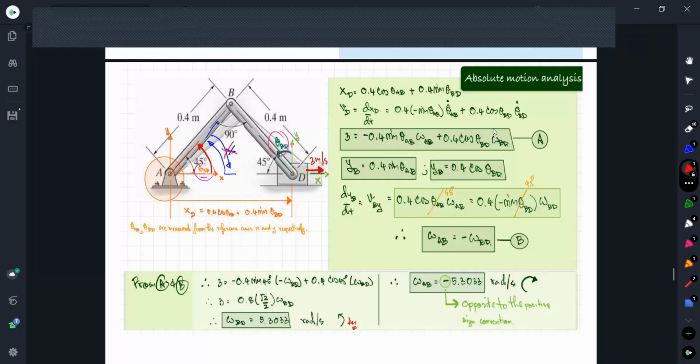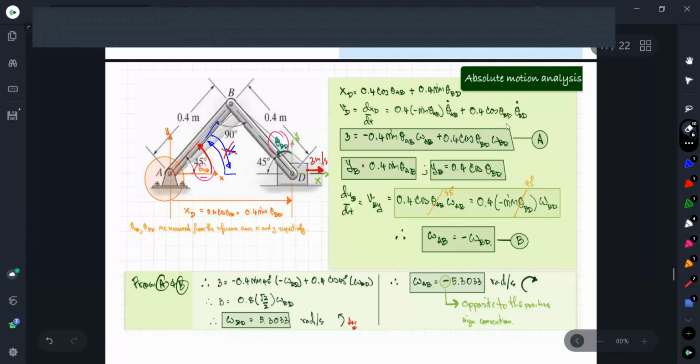Same as this: if we set up X to be the reference, then for theta BD on this side, clockwise should be positive. But for this case, I would like to reduce student confusion, so I try to set up the same direction as theta AB.